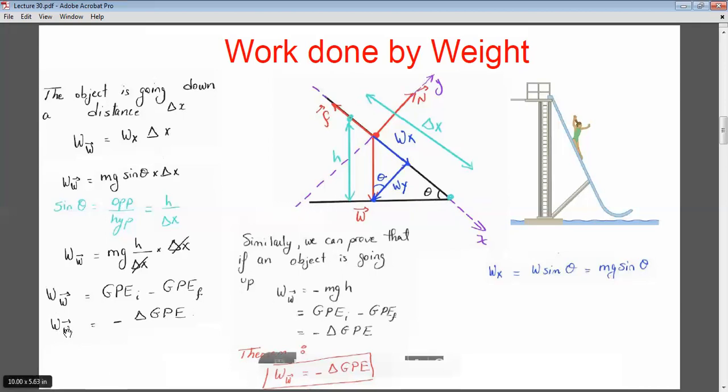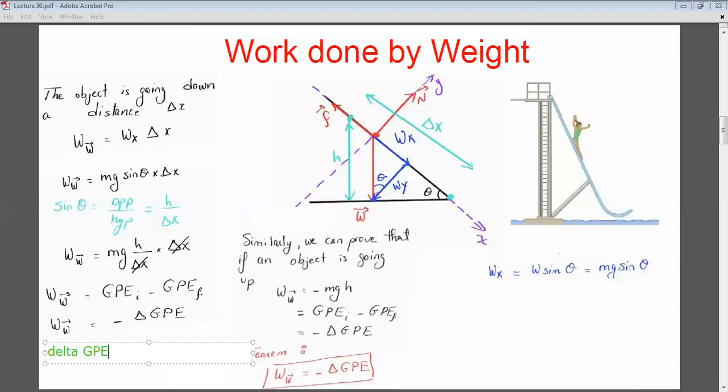So we get work done by weight is gravitational potential energy initial minus gravitational potential energy final, which is minus delta gravitational potential energy, because delta gravitational potential energy is equal to gravitational potential energy final minus gravitational potential energy initial. But this is gravitational potential energy initial minus gravitational potential energy final. So it is minus delta gravitational potential energy.